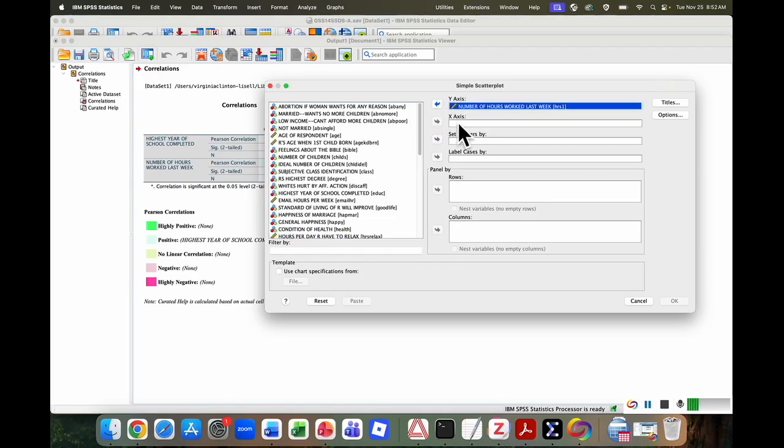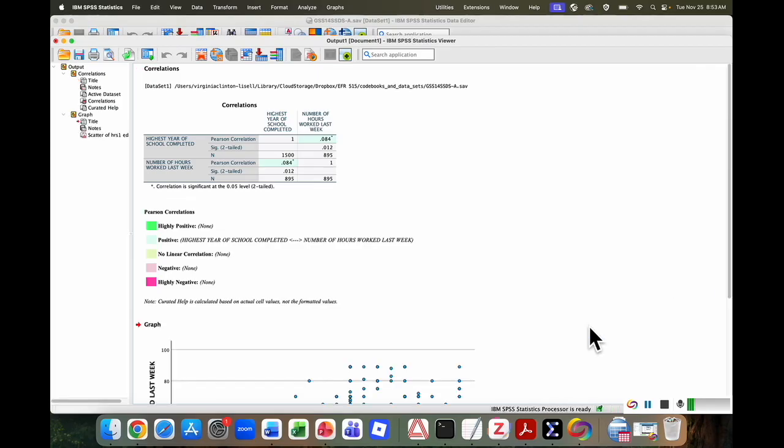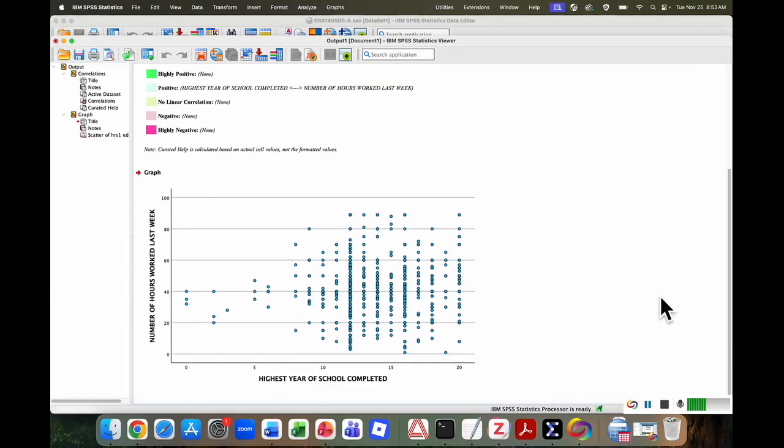And we're going to say it depends on the highest level of education, highest year of school completed, on the x-axis. With scatter plots, we also can rely on the default settings. Click OK. And you see this massive array of dots.